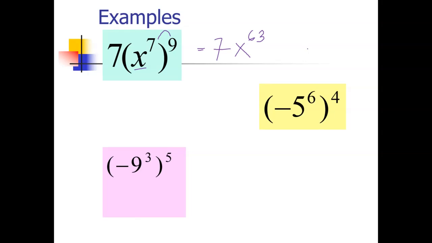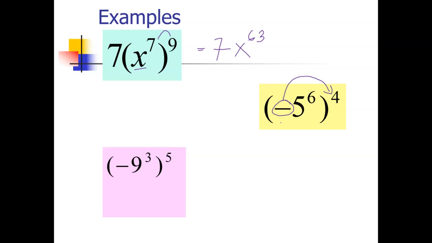Now, you have to be careful when you have a negative sign inside the parenthesis. For instance, here you have a negative sign. So when you have a negative sign, you're looking at the power 4 outside. In a previous slide, I mentioned when you have a negative sign an even number of times, it will become positive.